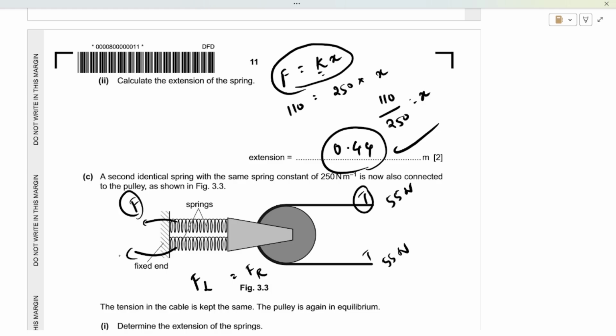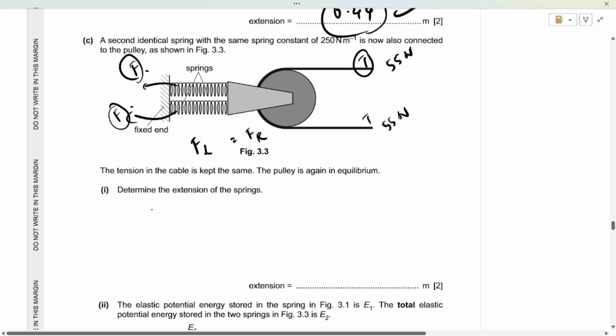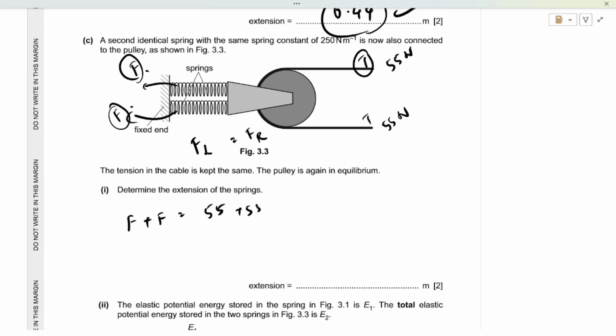So force F is going to act. For finding the extension, the force plus the force on the spring, which is 55 plus 55, 2 times the force, will be equal to 110. So the force will be 55 Newton.